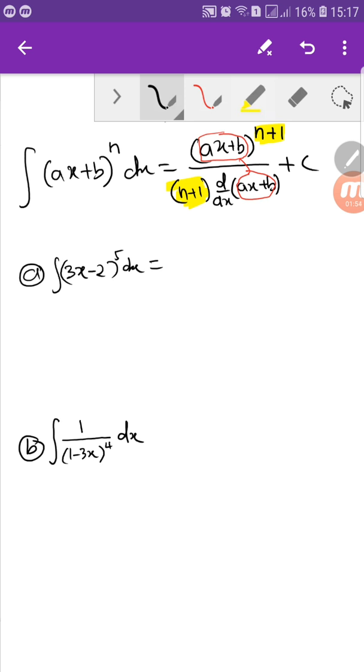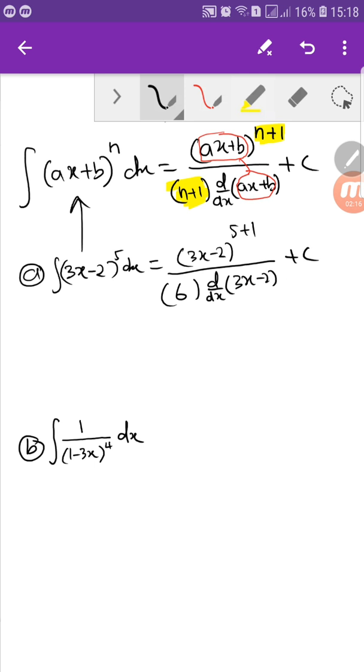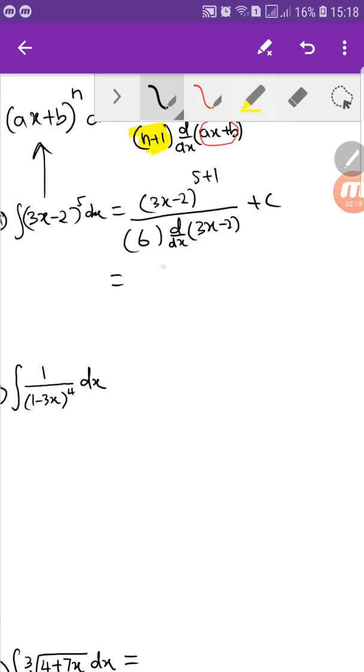This one is already in this form, so we can just copy paste the bracket, 3x minus 2 to the power of 5 more by 1, then divide by the new power 6, and then we add the differentiation of the bracket, plus c of course at the back.